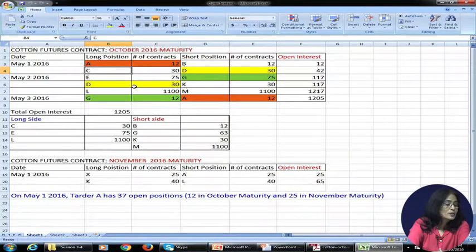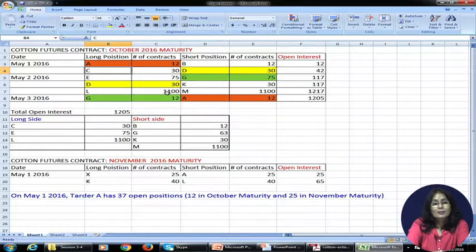So now if we see from D's point of view, D does not have any open position. D had initially taken 30 short futures and D squared this up by taking 30 long futures. So what happened to our open interest? Open interest remains unchanged. Similarly, on 2nd May, you had L taking 1100 contracts and M taking, let's say, 1100 contracts. So this is a theoretical example.